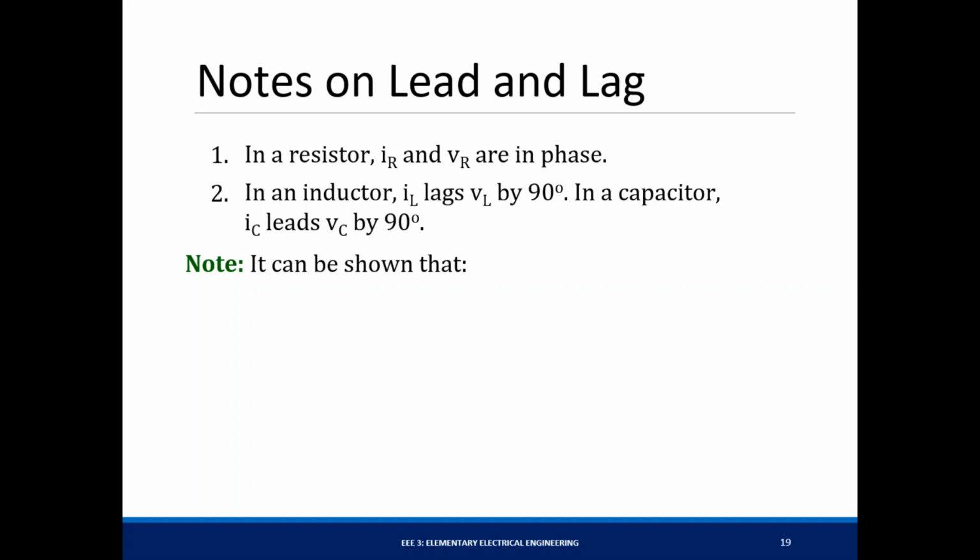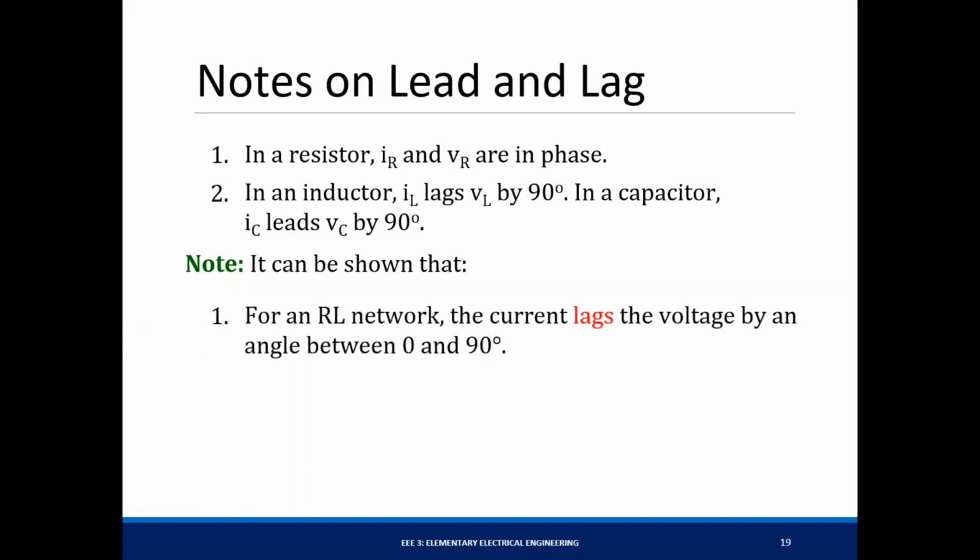So it can be shown, just some notes, that if we have a network that is purely resistive and inductive, the current lags the voltage by an angle between 0 and 90 degrees.